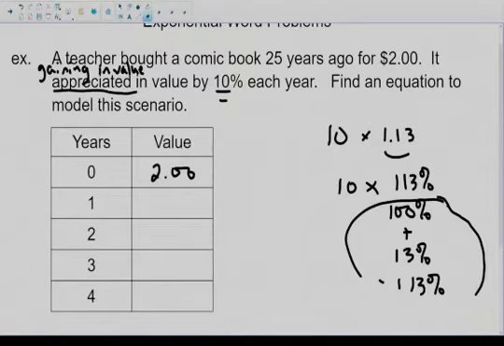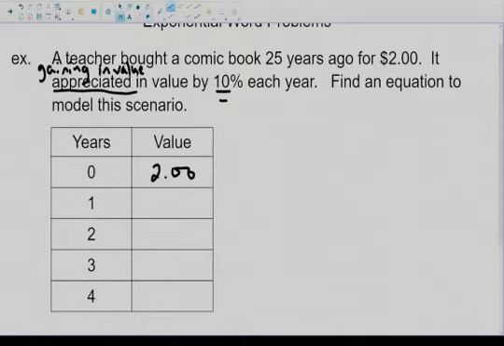So I'm going to erase all that. I need the room. Okay, so what are we doing here? We're multiplying by 100% plus 10%. So we're multiplying by 110%. Now that means 2, and we can never write a percentage in an actual calculator without changing it into a decimal.